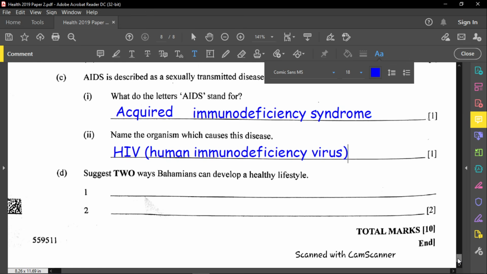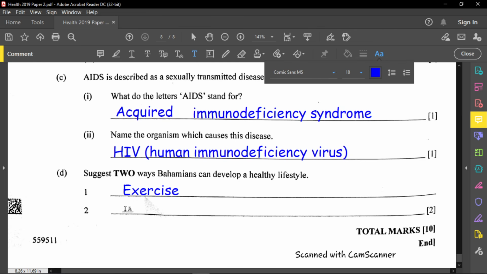And then the last part of the question is to suggest two ways Bahamians can develop a healthy lifestyle. There are so many different things that a person can do. One of them is to exercise. If we exercise more, then definitely you'll be more healthy.